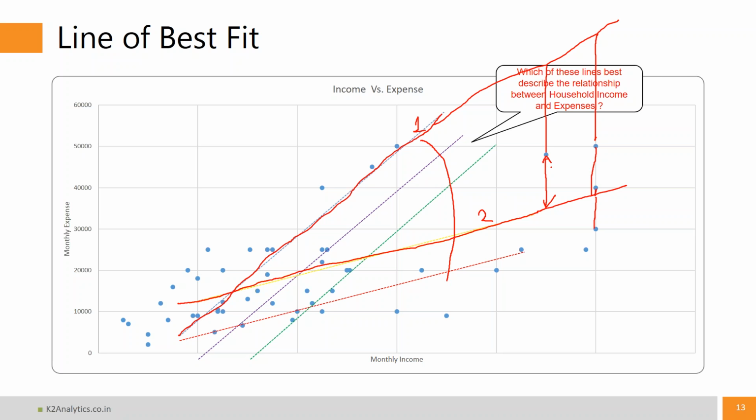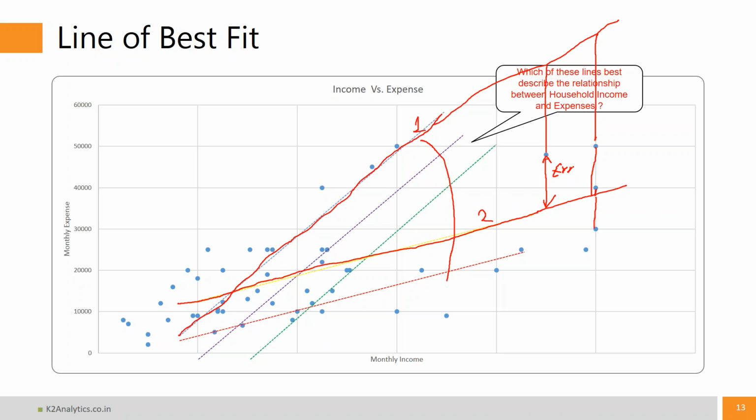Because this gap is error. Do you want to maximize error or you want to minimize error? Minimize, right? So the line which goes through most of the points such that the difference between your estimate and the corresponding dot, taken across all of the points, the summation across all of the points, is minimum.